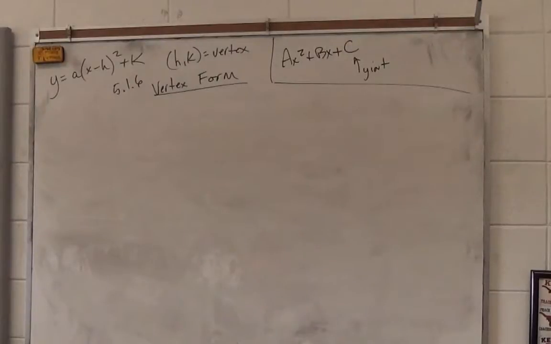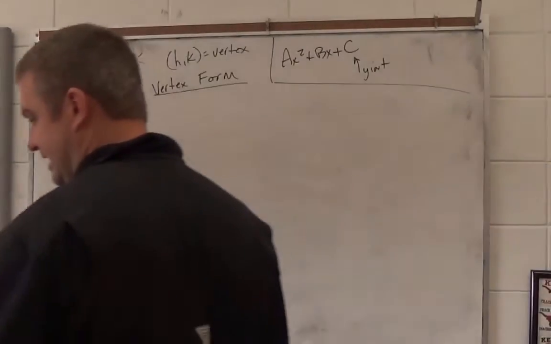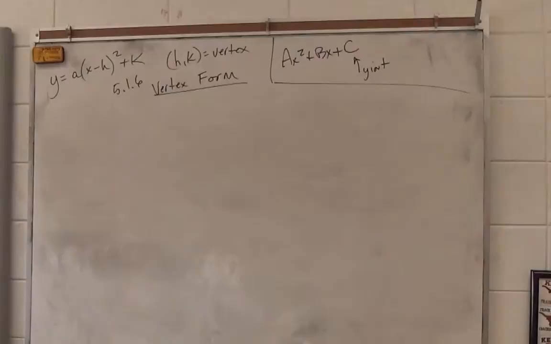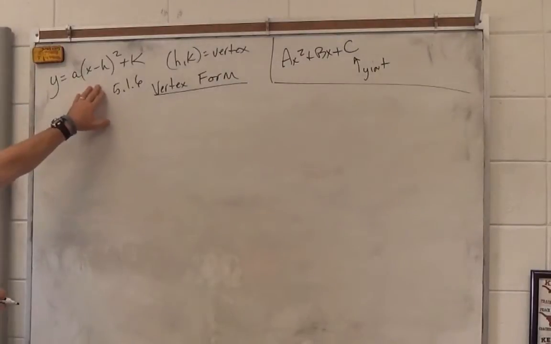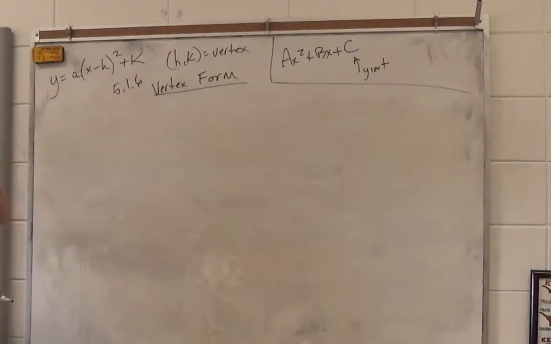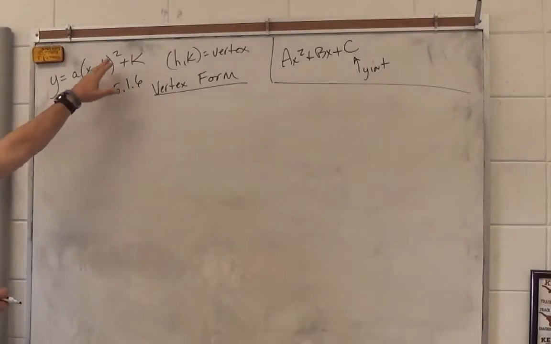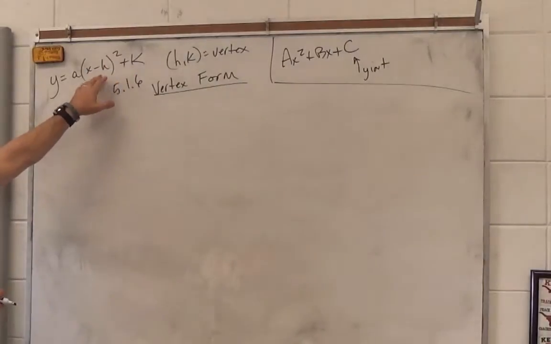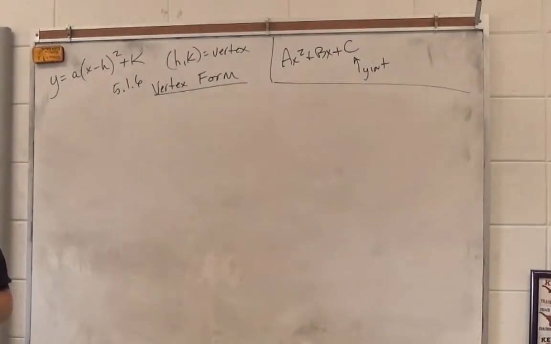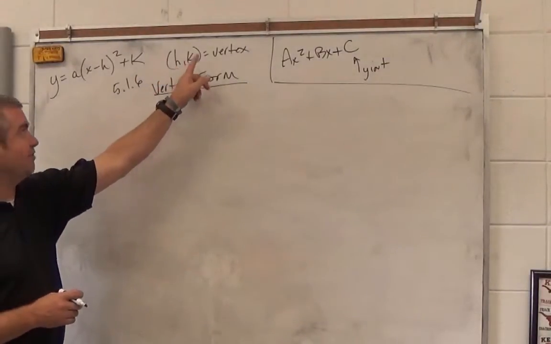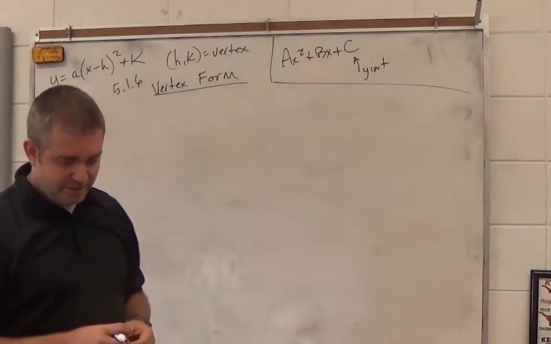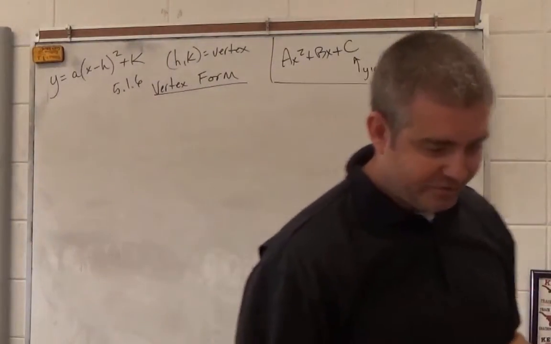Alright, we're talking about section 5.1.6, graphing a quadratic that is in vertex form. I've got the standard form of vertex form: y equals a(x minus h) squared plus k. You see (h, k) when we talk about conics in unit 6. (h, k) is the vertex of a quadratic in vertex form.